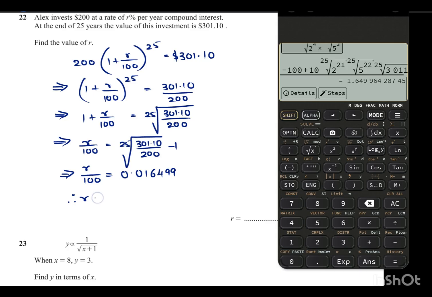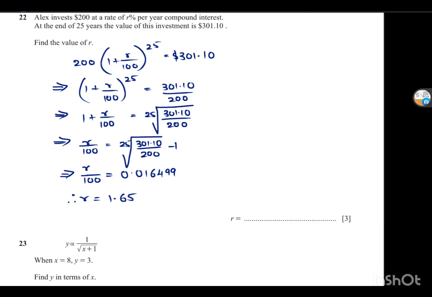Therefore, R is equal to 1.65. I'll round 4 to 5. So this is the percentage. So answer is 1.65.